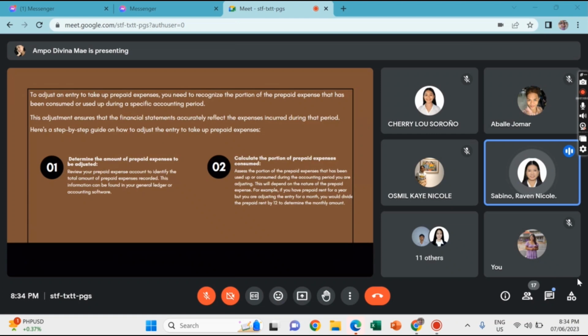Good evening, everyone. I am Raven Nicole Sabino, and I'm going to tackle the adjusting entry to take up prepaid expense. To adjust an entry to take up prepaid expense, you need to recognize the portion of the prepaid expense that has been consumed or used up during a specific accounting period. This adjustment ensures that the financial statements accurately reflect the expenses incurred during the period.